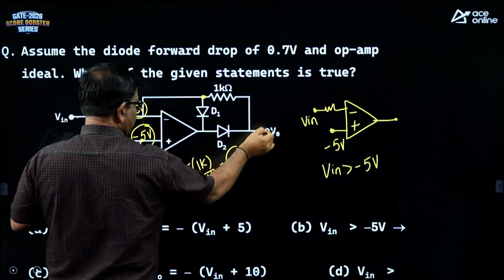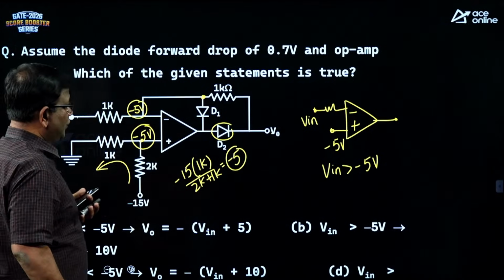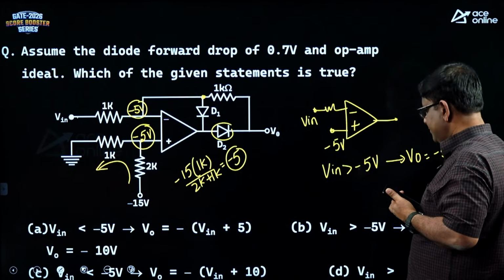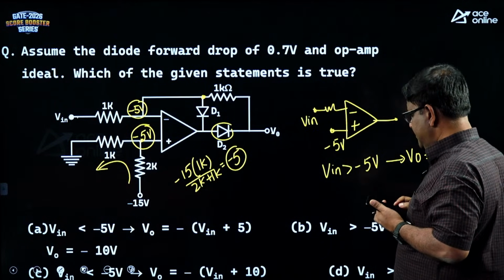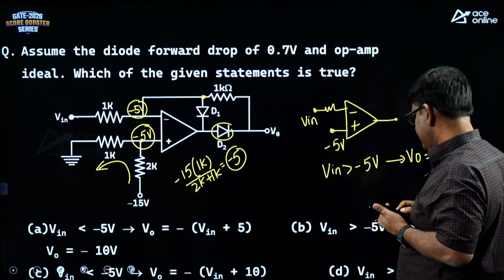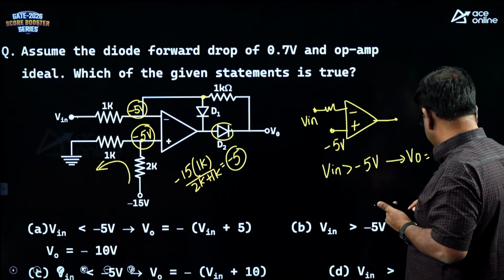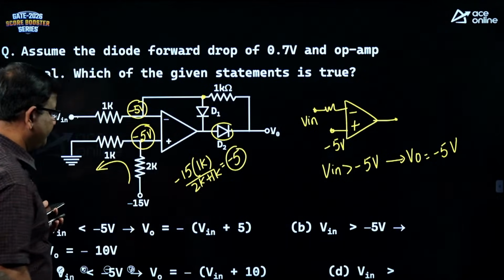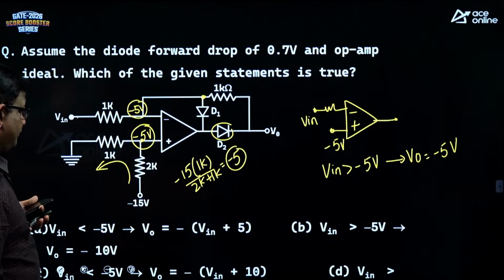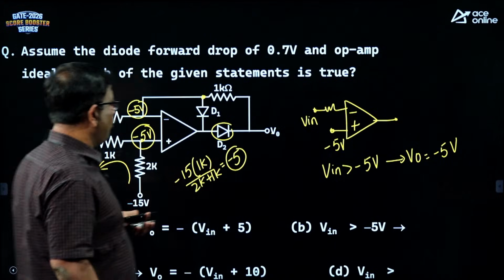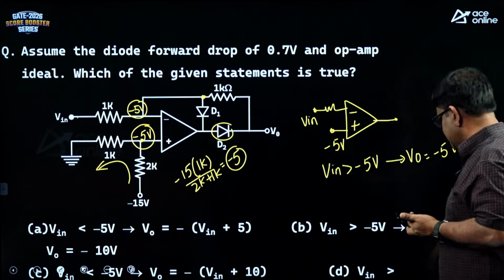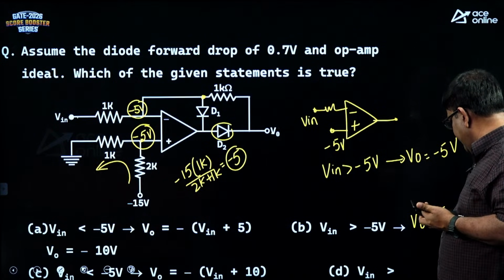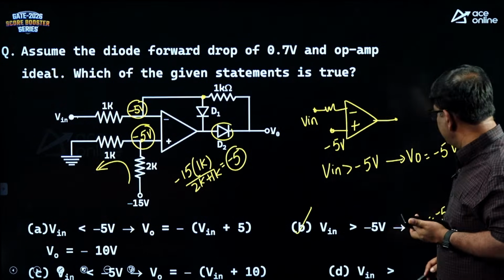So, when Vin is greater than minus 5, your V0 is minus 5. The options are not seen here, so there is some printing problem. If that is there, then option B is the right answer.